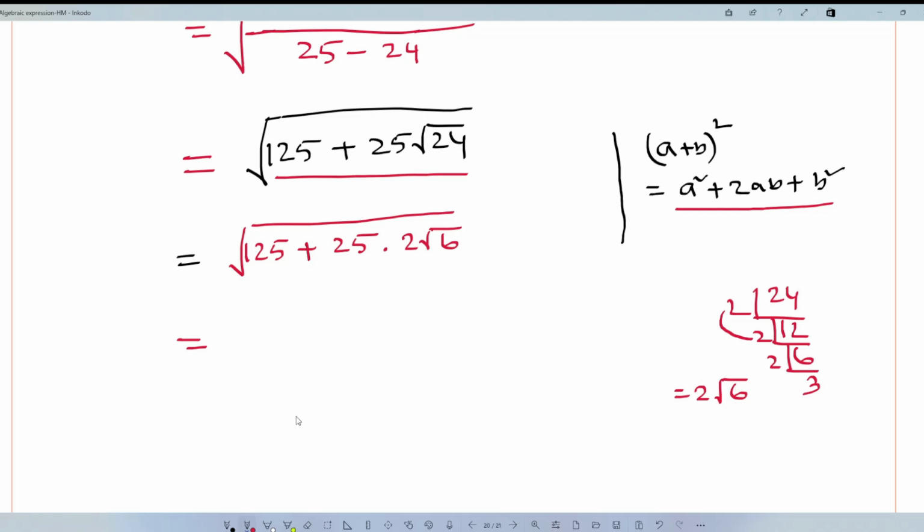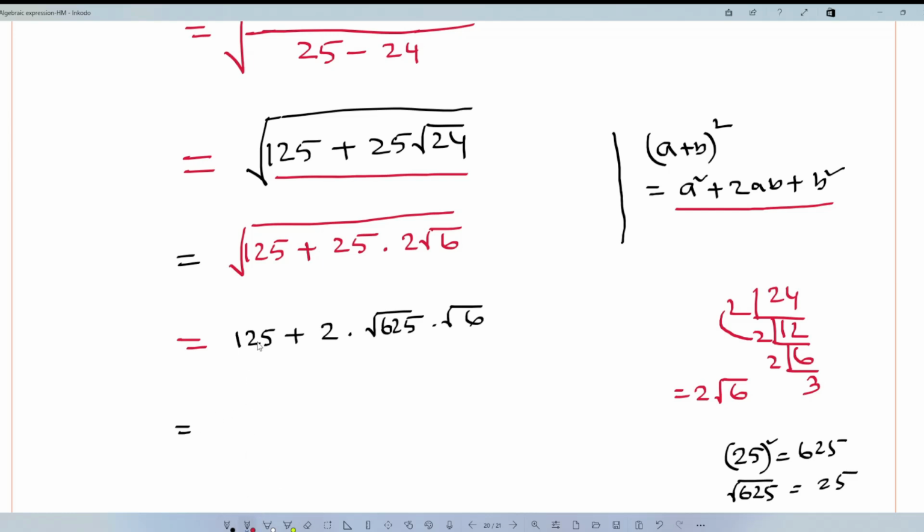Now our target is a square plus 2ab plus b square. So here 125 plus 2 times 25 root 6, and this 25 we can write as root over 625, and here root 6. Why this one? We know 25 square is 625, so once we take the square root of 625 we get 25.